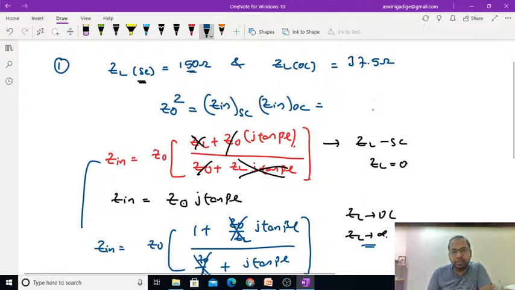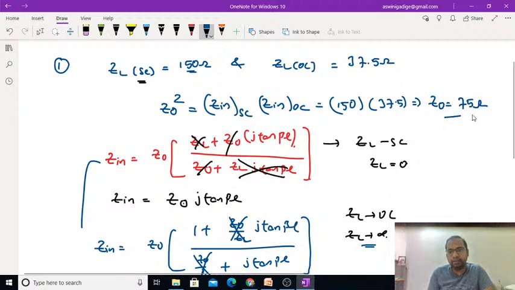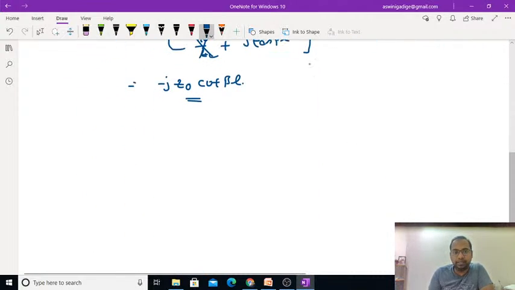For the short circuit they gave 150 ohms, and for the open circuit they gave 37.5 ohms. After calculating, finally you will get Z0 is equal to 75 ohms, which is the correct option for this question. Next we will go to the second question.